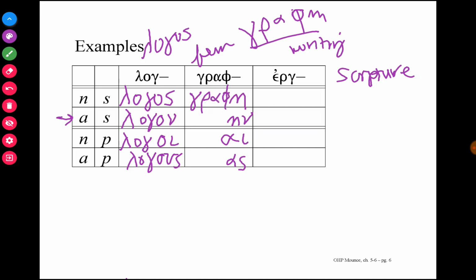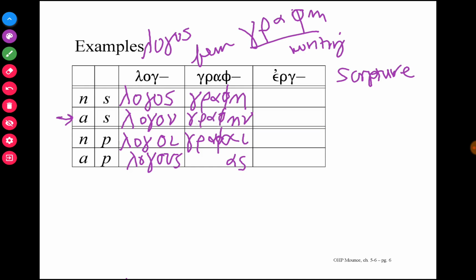If I want to say the scriptures are canon, then I would say graphi, because here I'm using the plural as the subject of the sentence. If I want to use it as a direct object, I love scripture, singular, then I would use the word graphane.